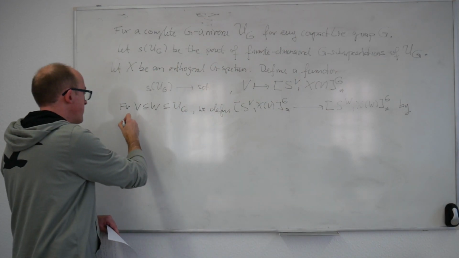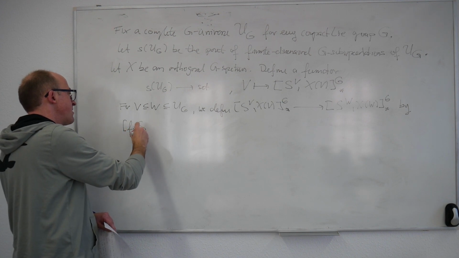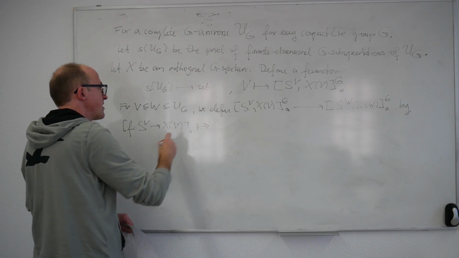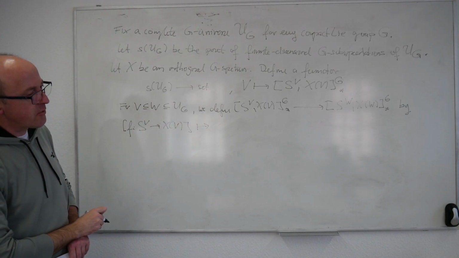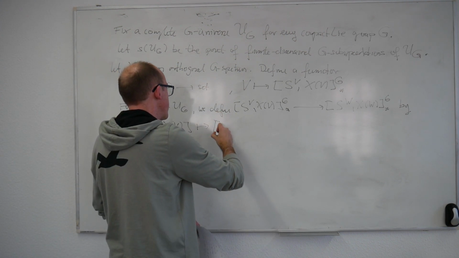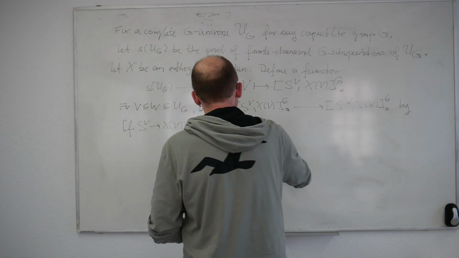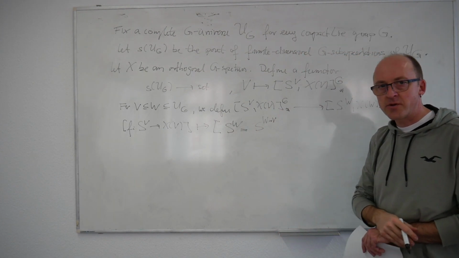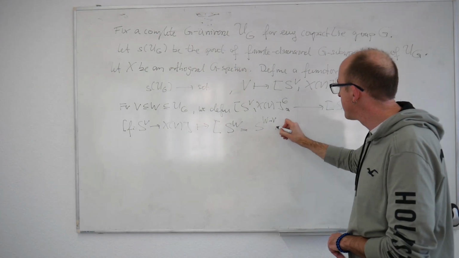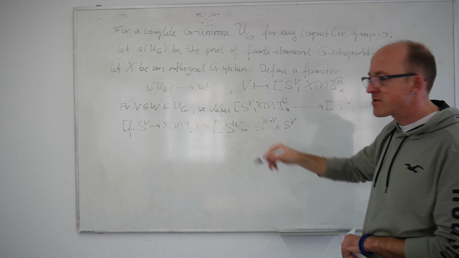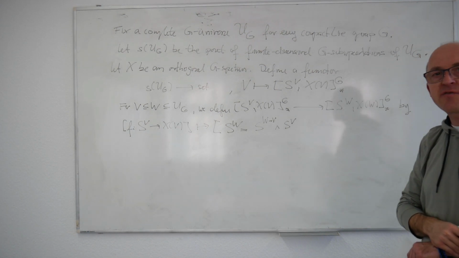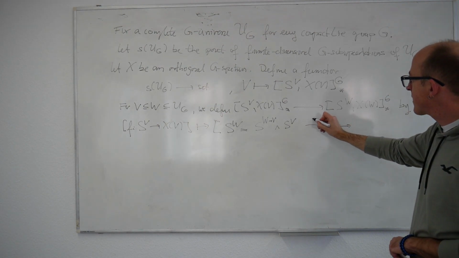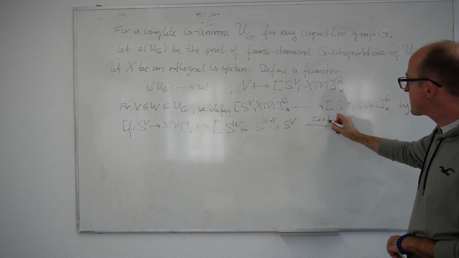An element on the left hand side is represented by a continuous based G equivariant map f, and I'm going to send this to a map of the same sort, but now with W, which I define as the following composite. S^W is equal to S^(W minus V), the orthogonal complement, not the set theoretic complement, smash S^V. Strictly speaking, it's not an equality, but the isomorphism is so canonical that I'm slightly abusing notation. Here I go via the identity on the first factor, smash the map f.